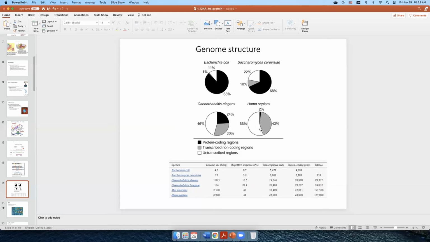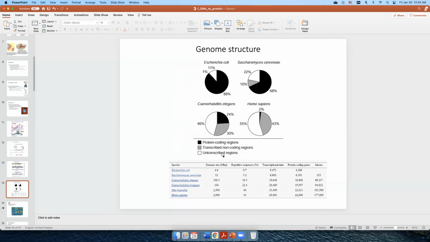And most of the other information is either transcribed but non-coding regions, or even untranscribed regions. So at the beginning, people thought it was a big waste of the genes, since we only use 2% of our DNA to code the proteins.